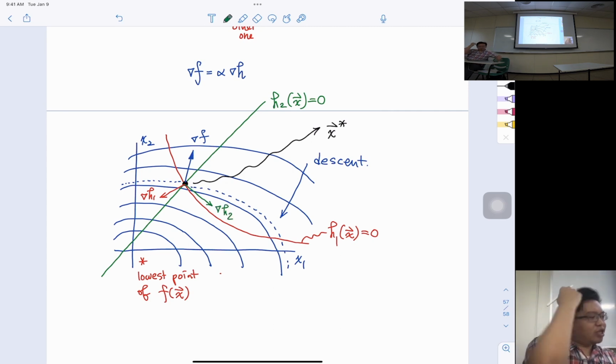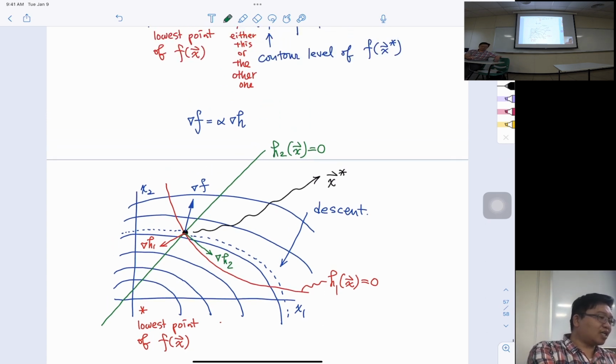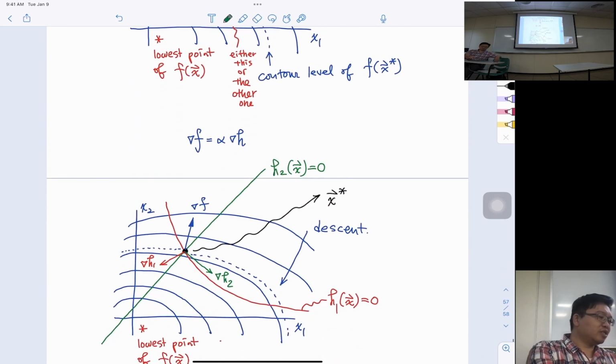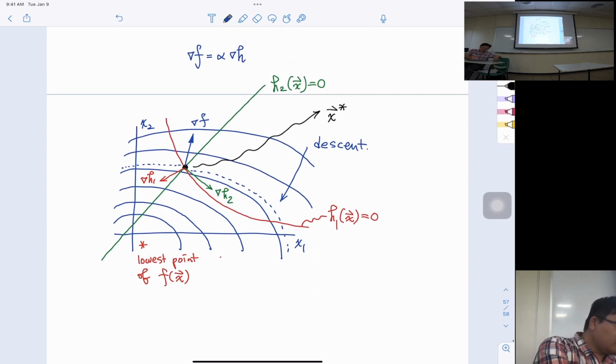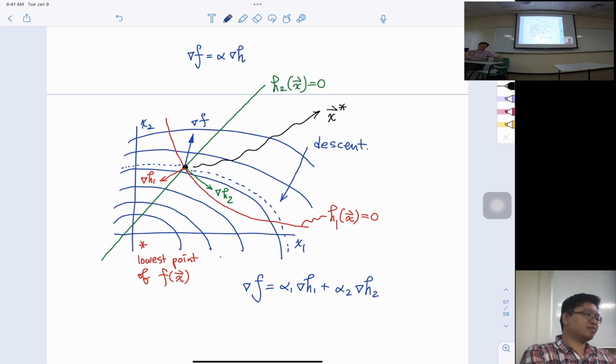So if you have more constraints, you realize they don't follow exactly what you mentioned earlier. They are not exactly parallel anymore. But you can say gradient f would be like a combination of these, with some weights.